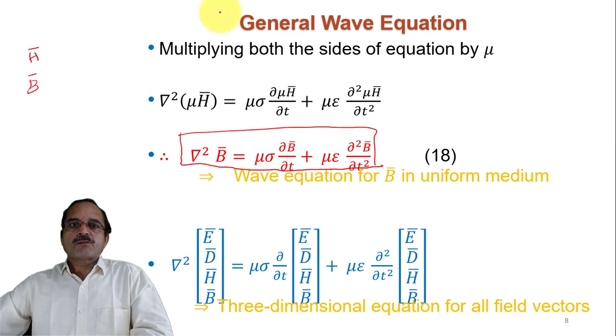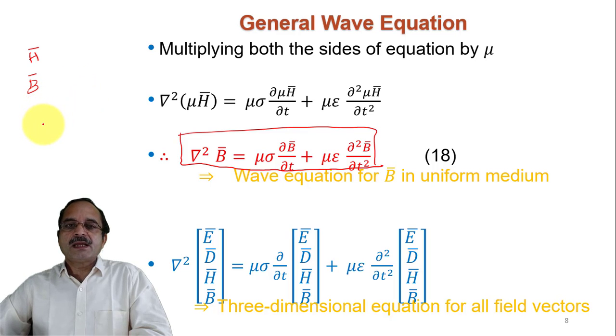So this is the general wave equation which will be useful for solving problems to find out the magnetic flux density, magnetic field intensity, electric field intensity, all these 4 terms. In case of transmission lines or waveguides or uniform plane wave propagations, these are the applications where these wave equations are useful for finding out the solutions.